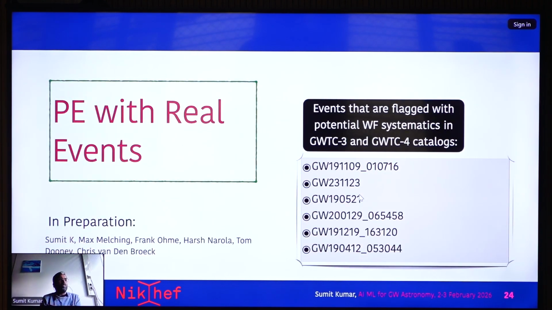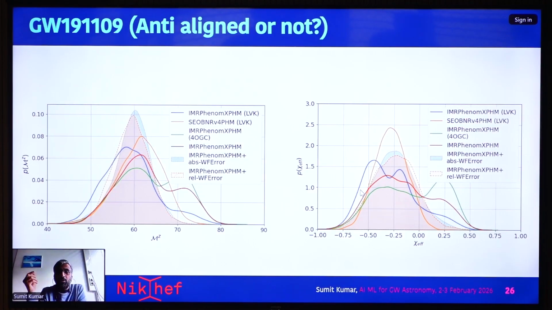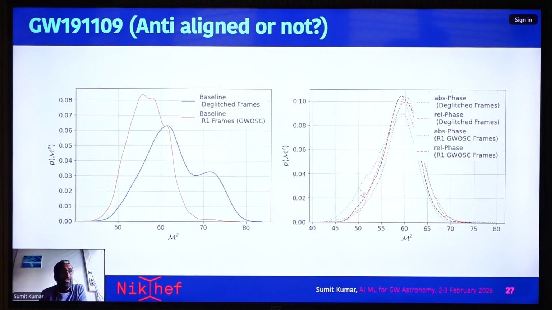And we also have to apply it on real events. Allowing for those delta A's and delta phi's basically accounts for these systematics in this particular framework and for this particular event. On the left side we are showing the chirp mass posterior for raw frame files in which no deglitching is done, and with the deglitched frame files.